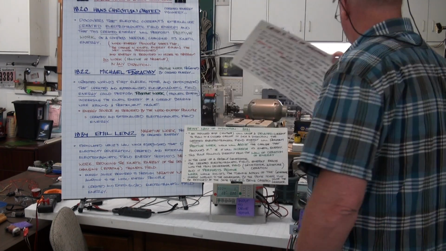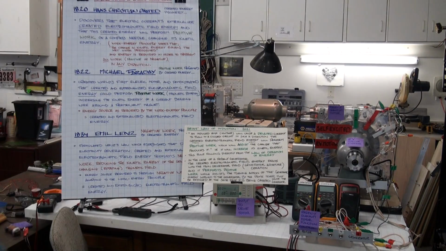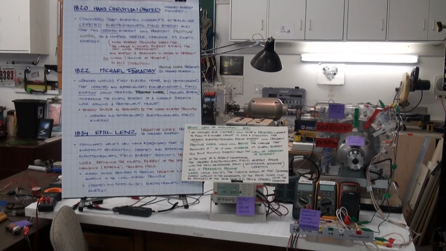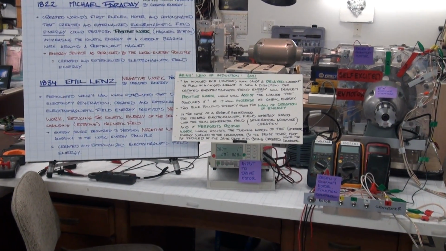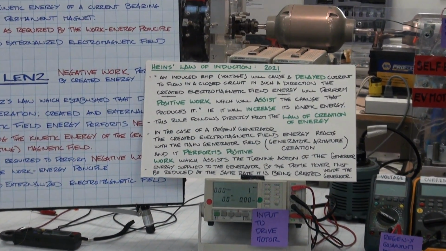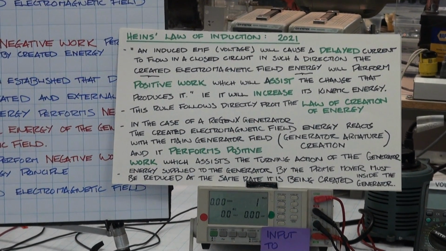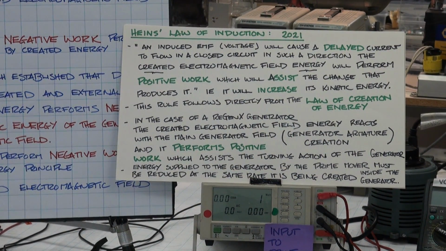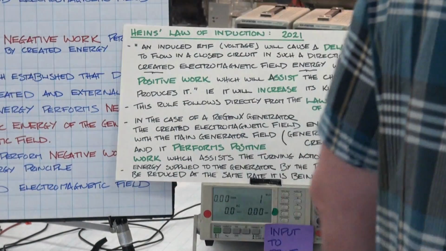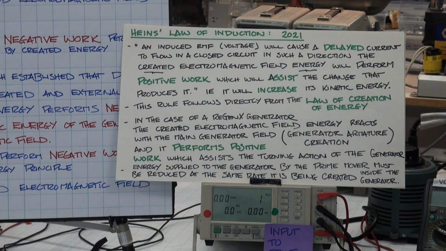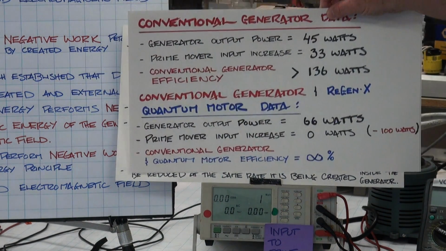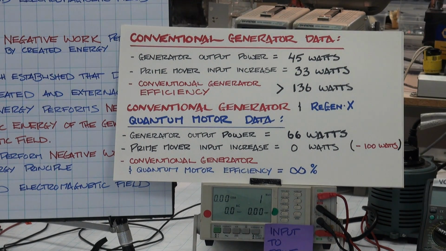And Heins's law explains how, when the generator's load current is delayed in the time domain, created electromagnetic field energy can be used to perform positive work to produce electric vehicle regenerative acceleration, and how to produce an electric generator that is capable of operating at infinite efficiency.